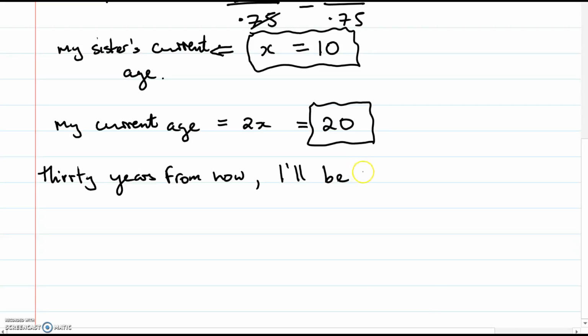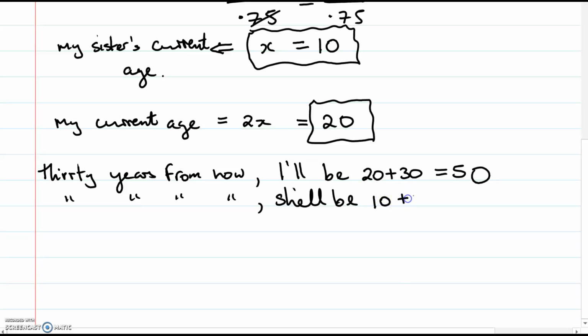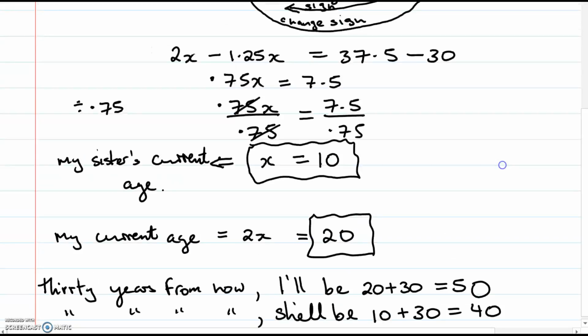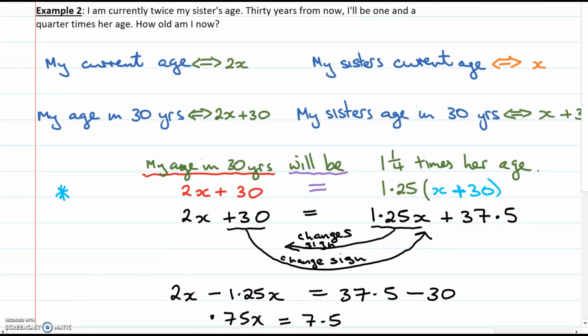If I add 30, 20 plus 30 is 50. 30 years from now, she'll be, well, if she's 10 now, 10 plus 30 years from now is 40. And the question suggested that 30 years from now, I'll be 1 1/4 times her age.